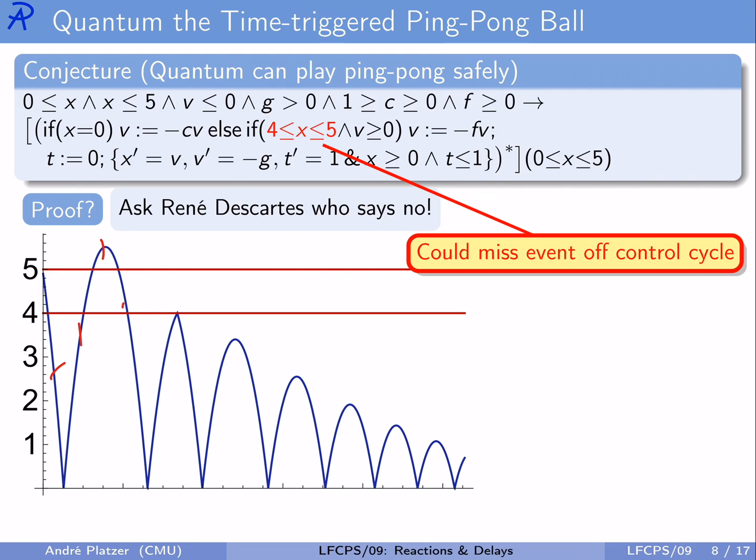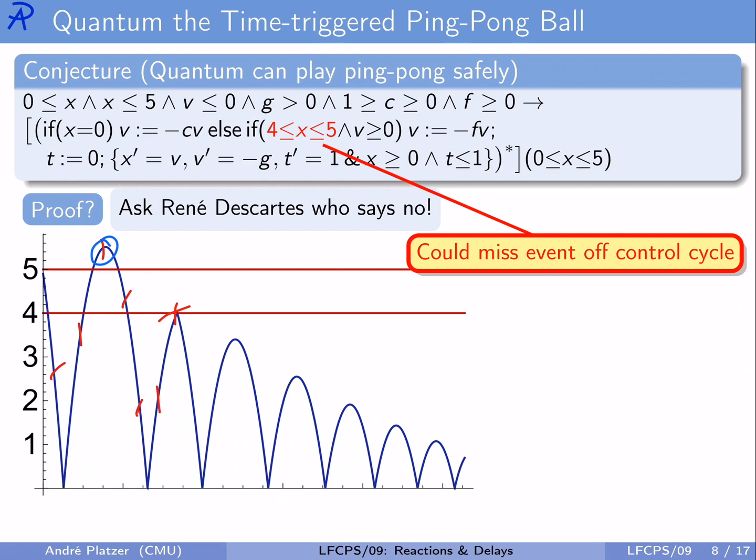We'll run again after 1 time unit, but even if we're in the event zone between 4 and 5, where we could be using the ping pong paddle, we're currently not going upwards but downwards, so we don't actually use it. We maybe listen after 1 second again, and after 1 second again, and maybe now here we're lucky there was 1 second and we exercised the ping pong paddle right away, but it's already too late, because of course we've been very unsafe up here.